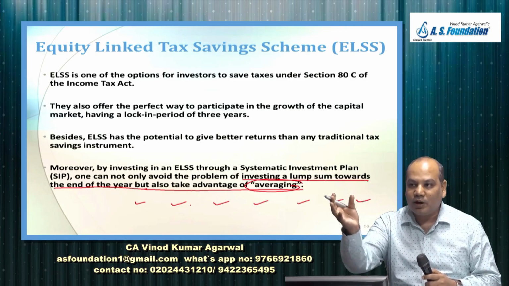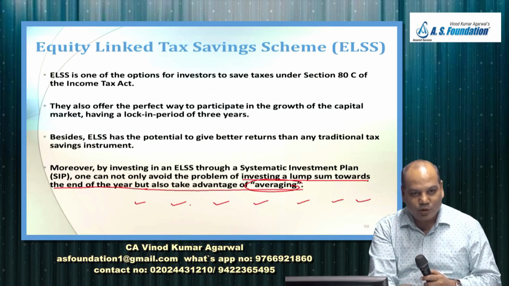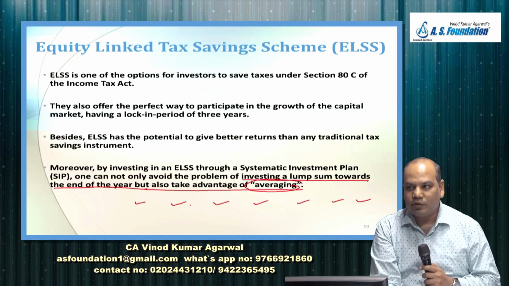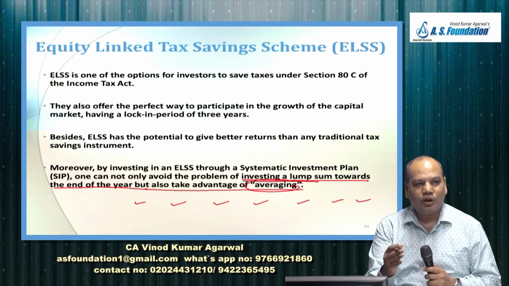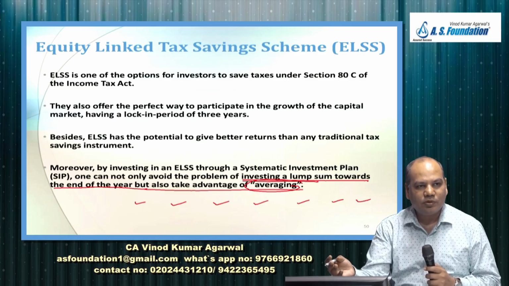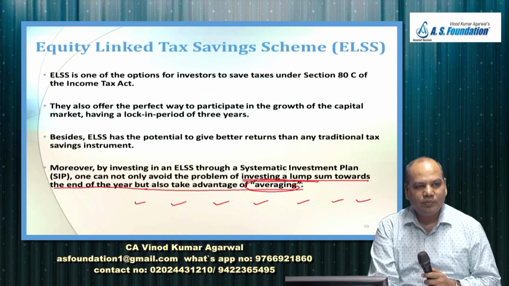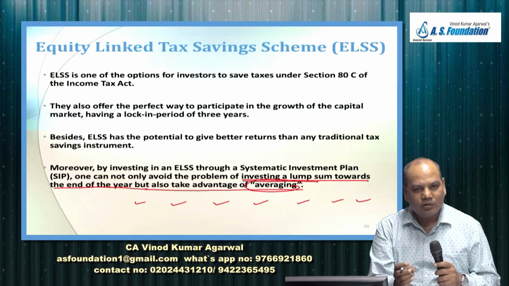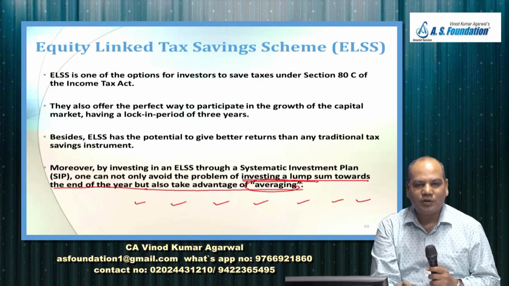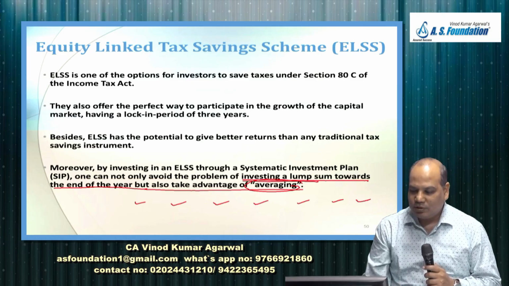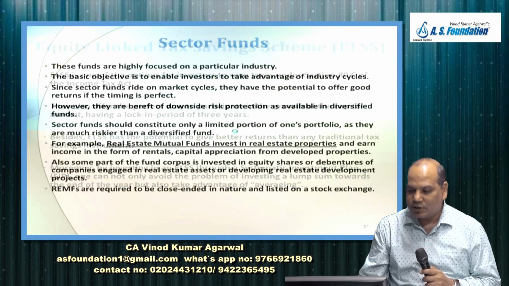Sometimes you may end up buying at a high NAV, but sometimes you end up buying at a lower NAV also. And therefore you get the benefit of averaging. And you don't have to invest a huge amount at one go. You can invest small amounts. Good for salaried people who can't take the benefit in one installment. Then you should give an instruction to the mutual fund: deduct 4,000 rupees every month. You deposit 4,000 rupees in SIP every month.